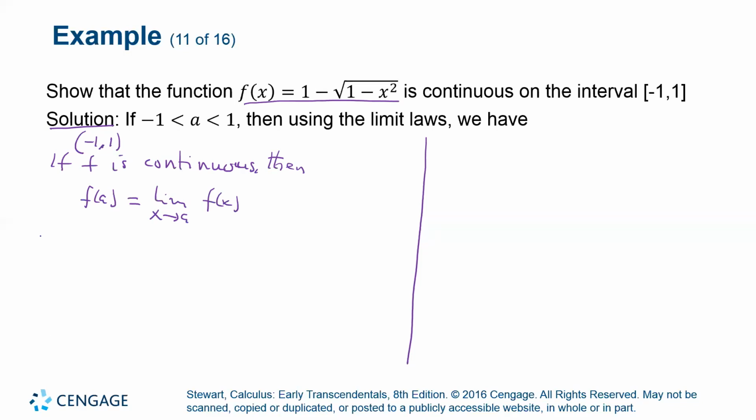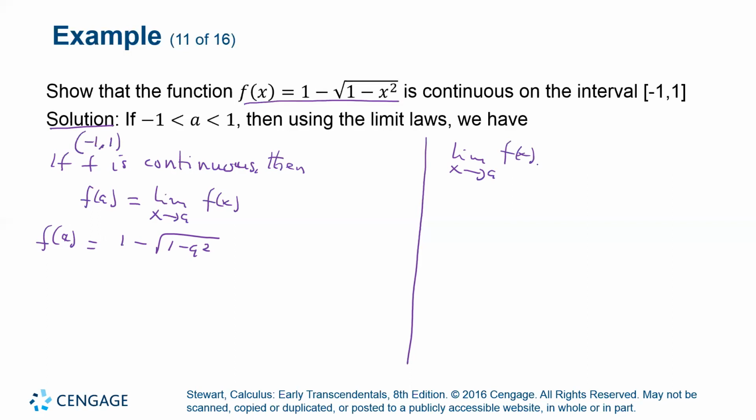So first, let's find f of a from this, where f of x is equal to that. So this gives me 1 minus the square root of 1 minus a squared. And then let us also find the limit as x approaches a of the function f of x.